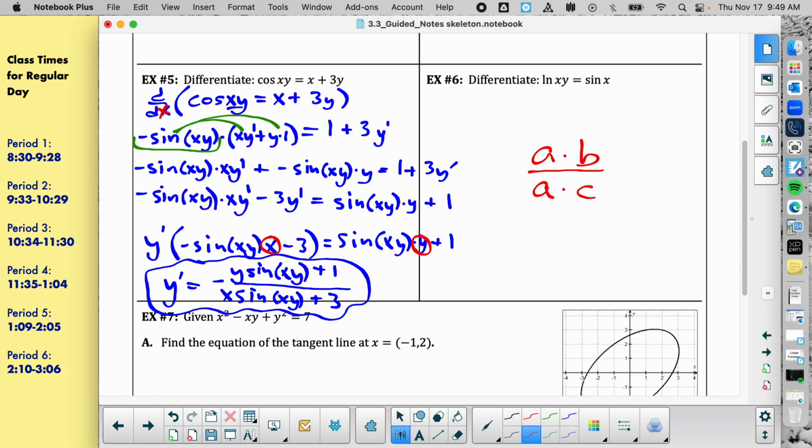The only time you can cancel is if you have something multiplied across the whole top, multiplied across the whole bottom, like if it was factored out. The fact that there is a plus sign on both of those means that these are joined together unless you can factor it out. I know it looks like you should want to do it, but you definitely cannot.